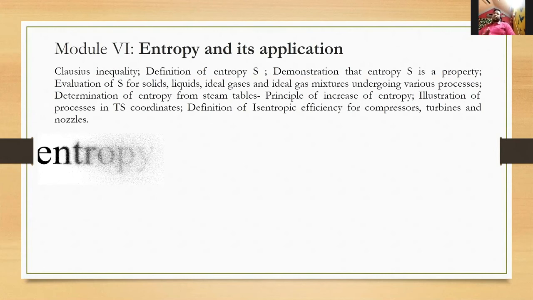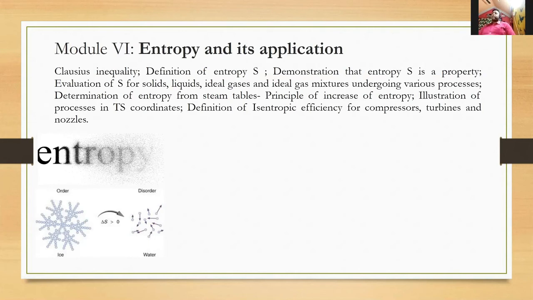Then we come to the determination of entropy from steam tables and the principle of increase of entropy; we'll talk about how the entropy is increasing. Just like order to disorder: the entropy of ice is less, but when it becomes water, it can flow and become disordered very easily, so the entropy of water is higher.